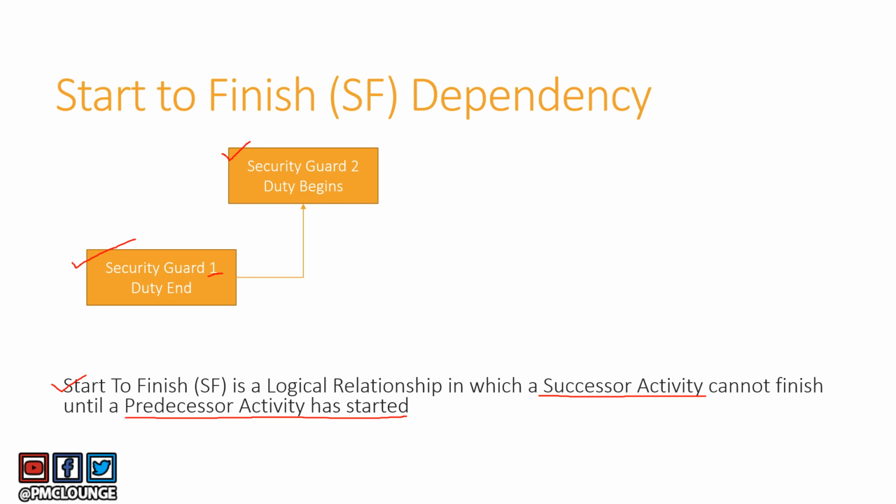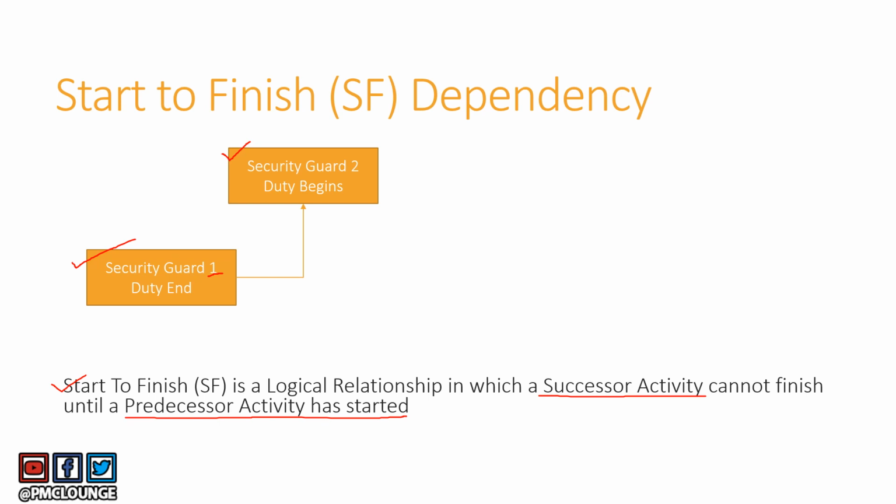The security guard has a very important function in any organization, in any kind of establishment. And his or her duty cannot end unless and until the duty of the next person in line, the next security guard, begins.